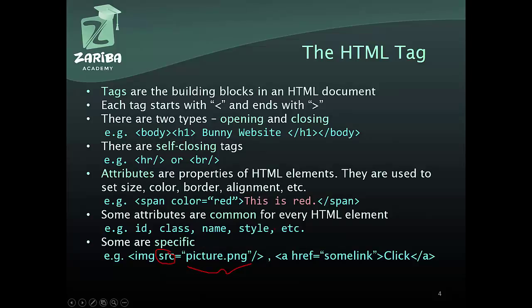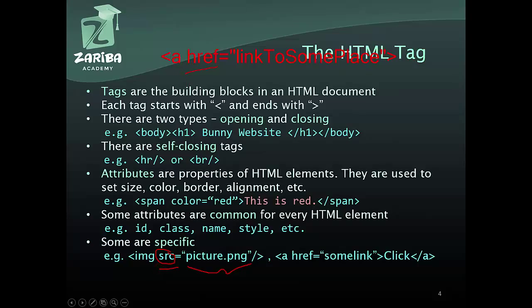The other one of the more common ones is href equals, and here you put the link to some place, and that's pretty much it. So this href and this src, they are specific.